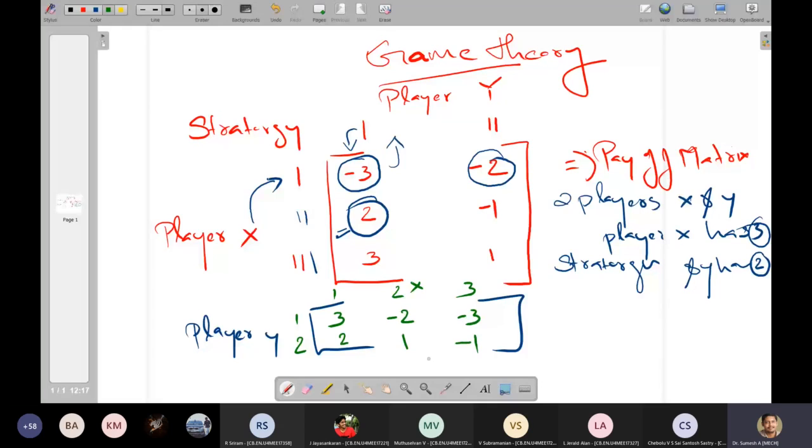Pure strategy and mixed strategy, I already told you, are the two kinds of strategies. The simplest type of game is one where the best strategy for both players is a pure strategy. This is the case if and only if the payoff matrix contains a saddle point.